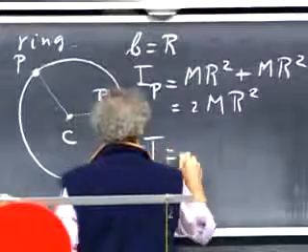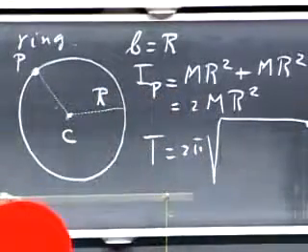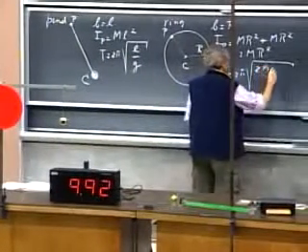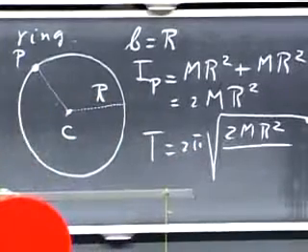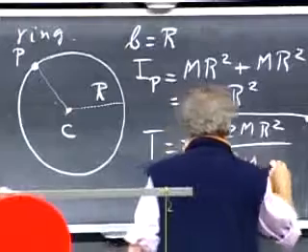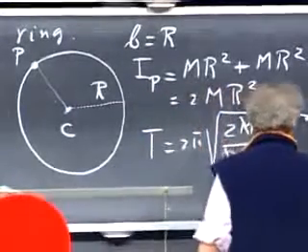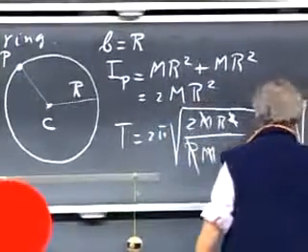So what is the period of an oscillation? I of p, that is 2mr squared, divided by bmg. B is r, rmg. I lose one r, I lose an m, and we have seen this before. I derived this in lecture number 21.